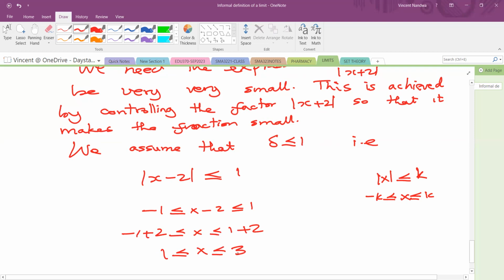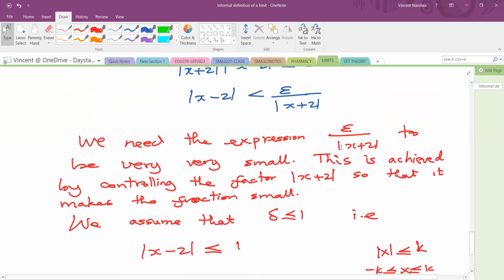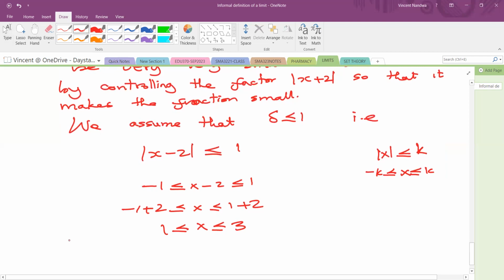So which means that the x value lies between 1 and 3. And for me to make this fraction epsilon over the absolute of x plus 2 a very small value, it means I have to make the denominator, the absolute of x plus 2, a large positive value, or simply a large value. So this means that x plus 2 will be large, which means then the fraction will be small.